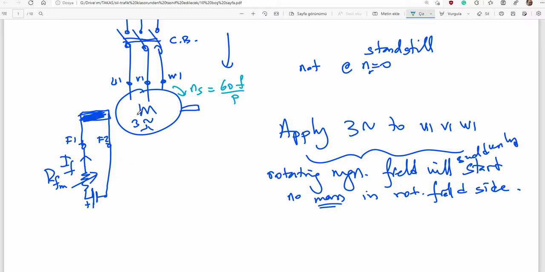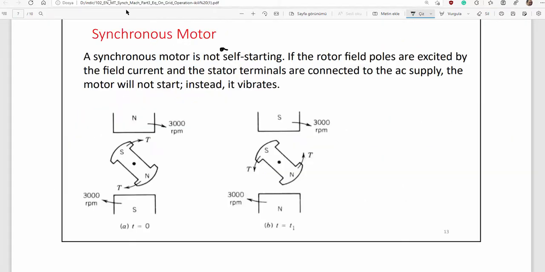But what about the rotor? Let's examine it. It is here. Assume that synchronous speed is 3000 rpm. That is just a sketch to understand what is happening inside the machine.